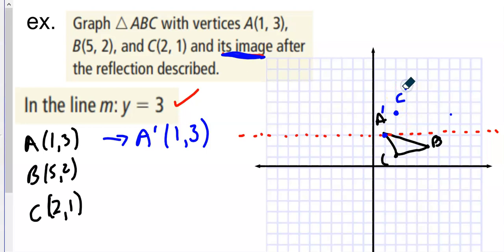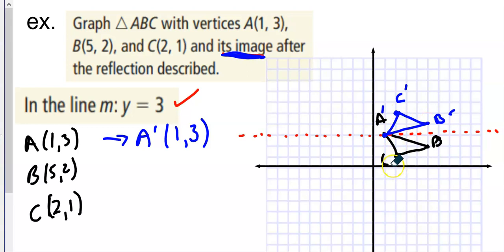It's going to be C prime. And then, again, it should be perpendicular through this red line of reflection, and it is. Okay? So again, this is going to be 1 unit away, above. So that would be B prime. And now I can connect, connect, and connect.